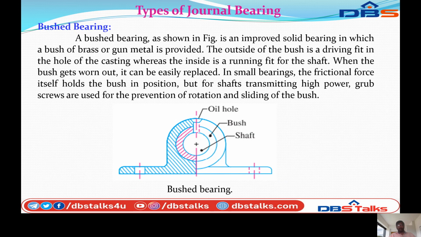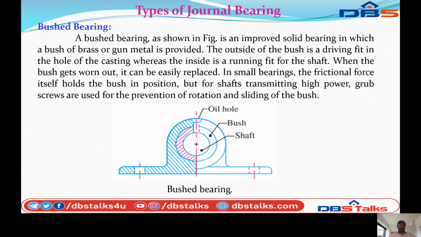Next, the bushed journal bearing. The bushed bearing, as shown in the figure, is an improved solid bearing in which a bush of brass or gunmetal is provided. The outside of the bush is a driving fit in the hole of the casting, whereas the inside is a running fit for the shaft.